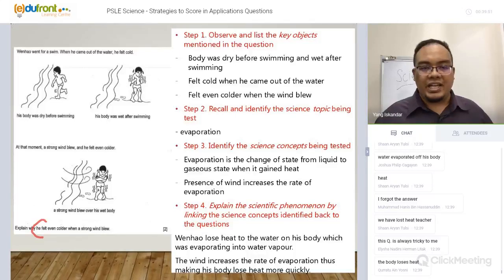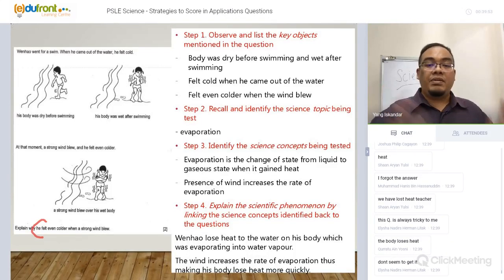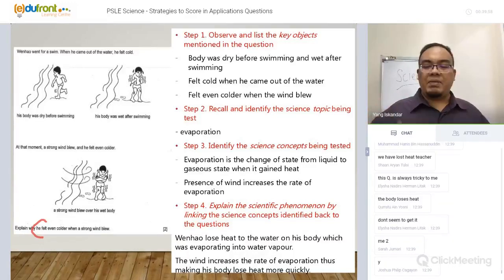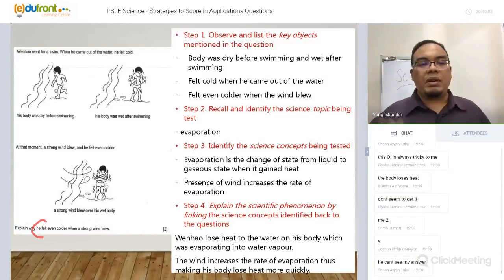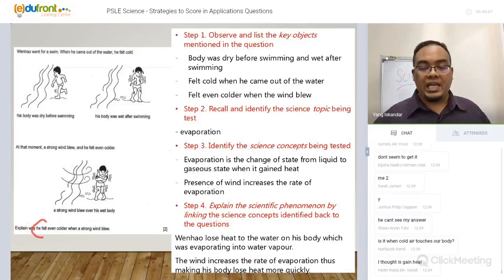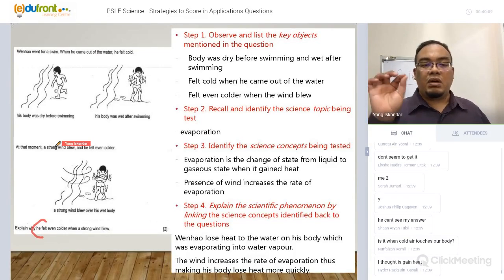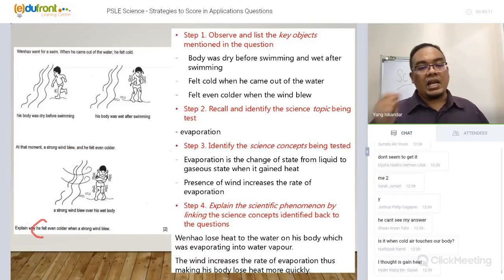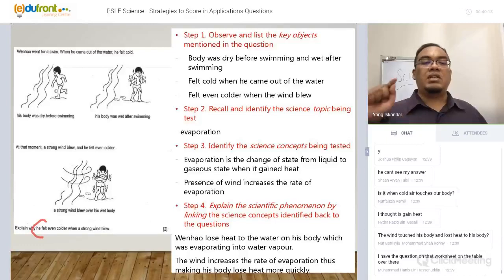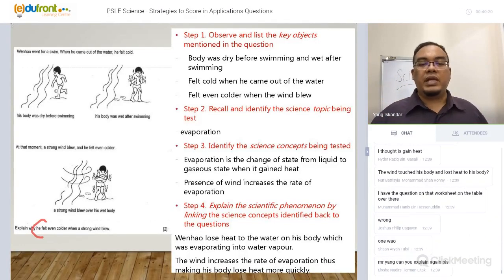Evaporation is the change of state from liquid state to gas state. For evaporation to occur, what must happen? It must gain heat, right? Water droplets must gain heat. So these water droplets on his body will gain heat from where? From Wen Hao. So Wen Hao loses heat. His body loses heat to the water droplets on his body, which were evaporating.